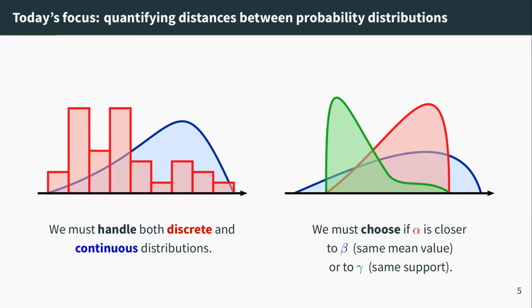And then you have to decide: if the red curve, I call it alpha, do I want it to be closer to the blue one, because the red curve and the blue curve both have the same mean value, around here? Or do I want the red curve alpha to be closer to the green curve gamma, because both curves have the same support?